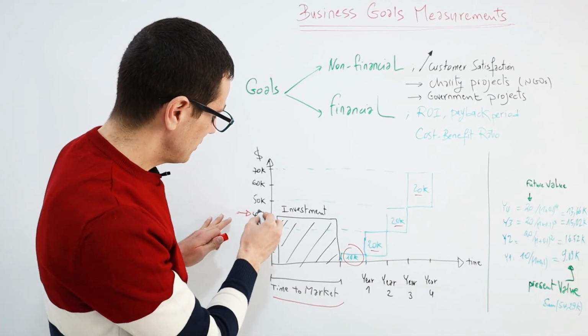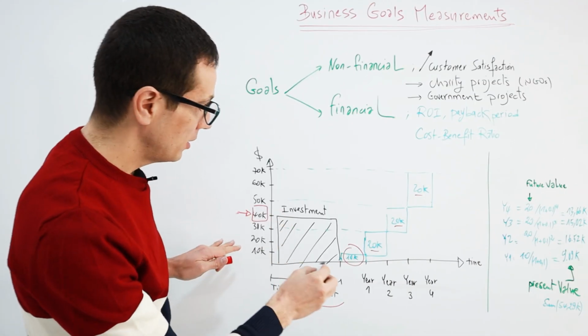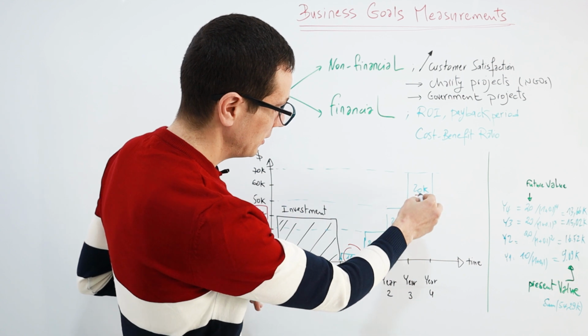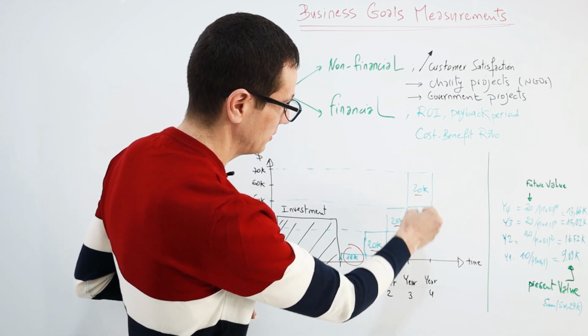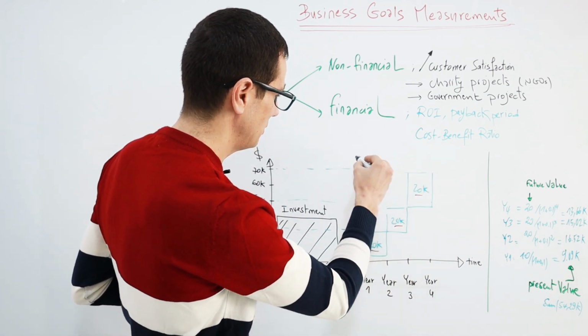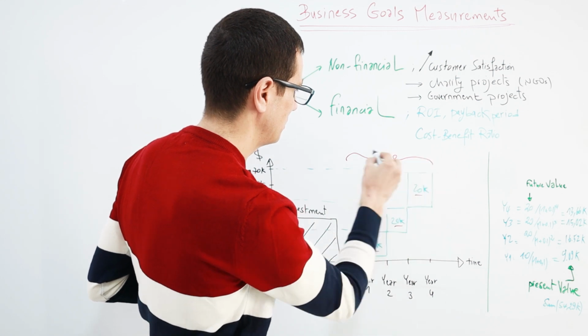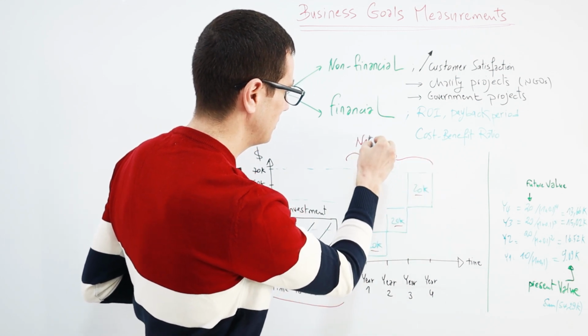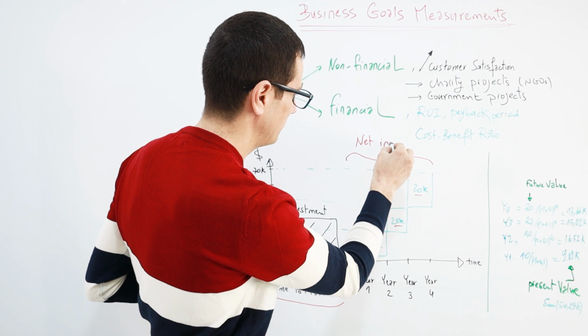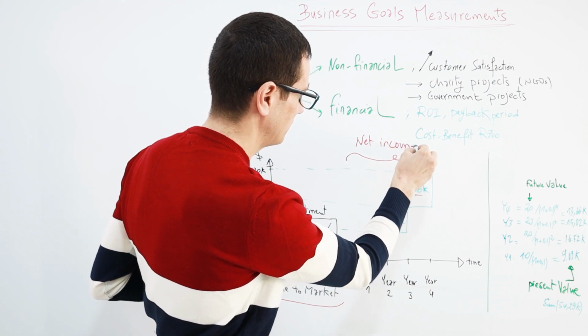So the investment is 40K and the return is 70. This is, let's say, net income.